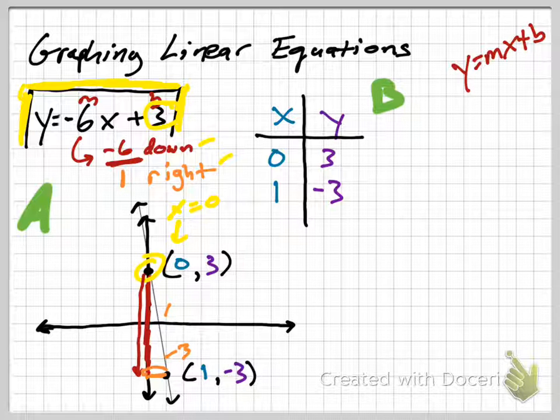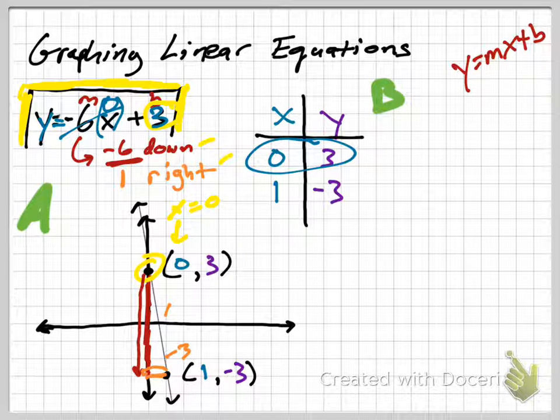Next strategy is a table, right? So we could plug in 0 for x. If we plug in 0 for x, that's going to make this term go away, and y is going to equal 3. So that's right there in our table.